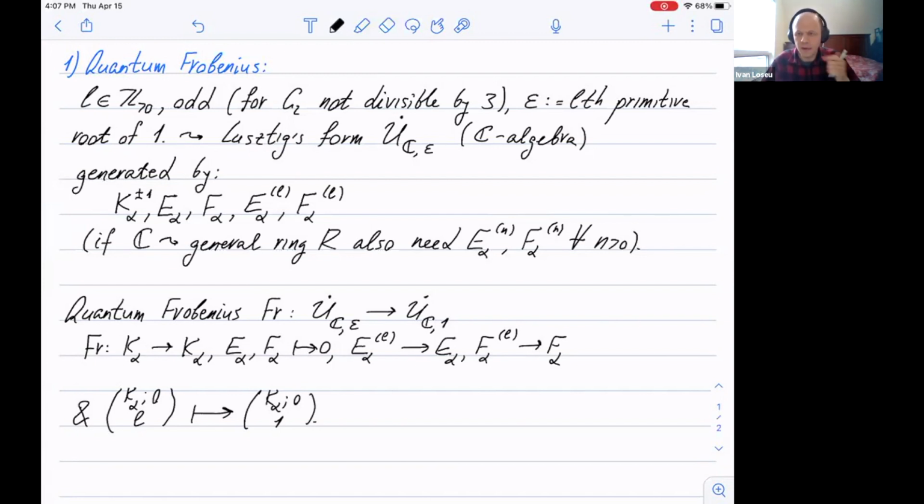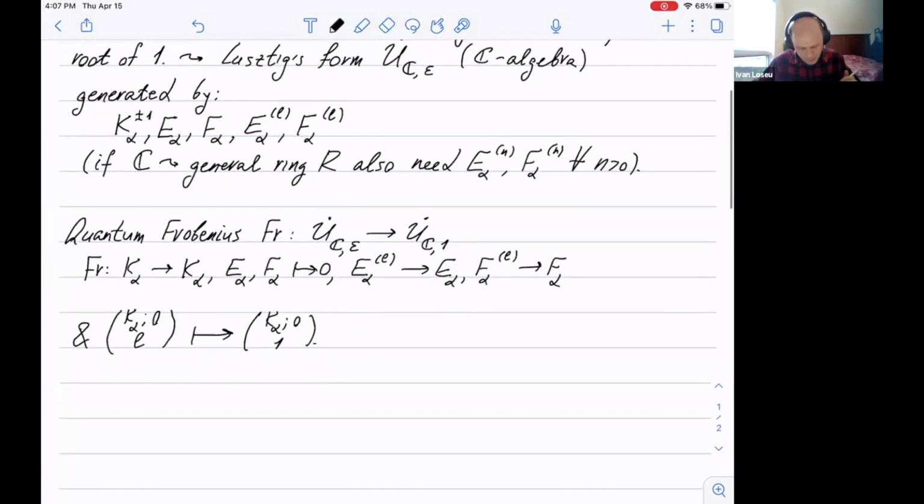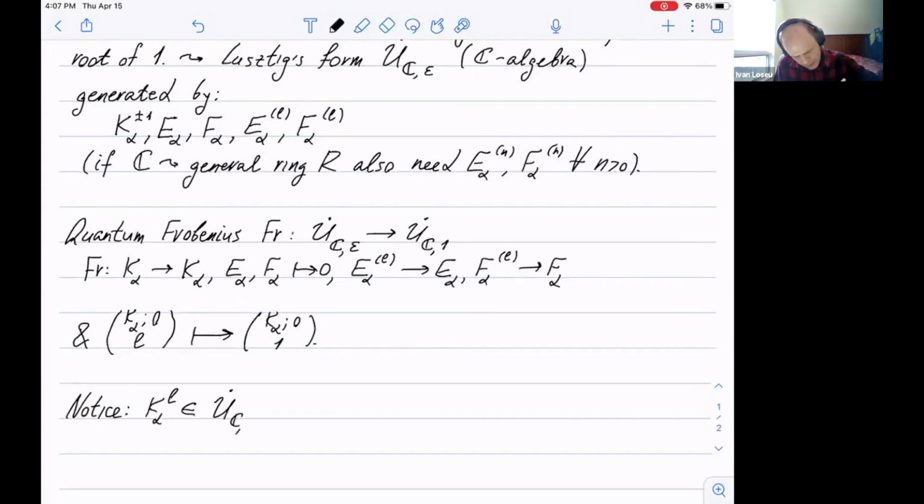We can simplify life a little bit by noticing the following. So notice the K alpha to power l in U dot over C epsilon is central and its square is equal to 1.